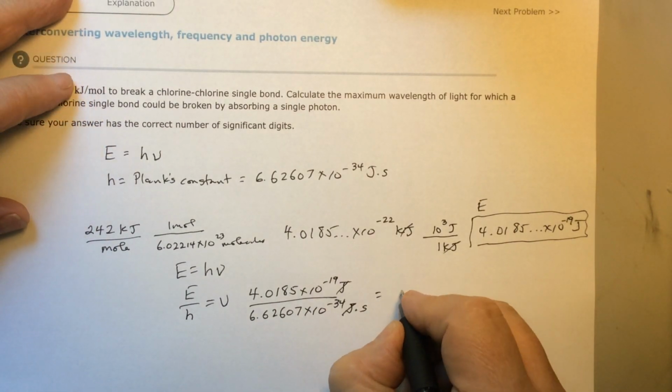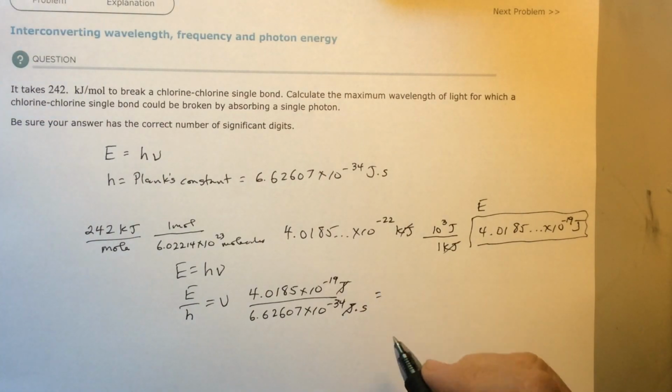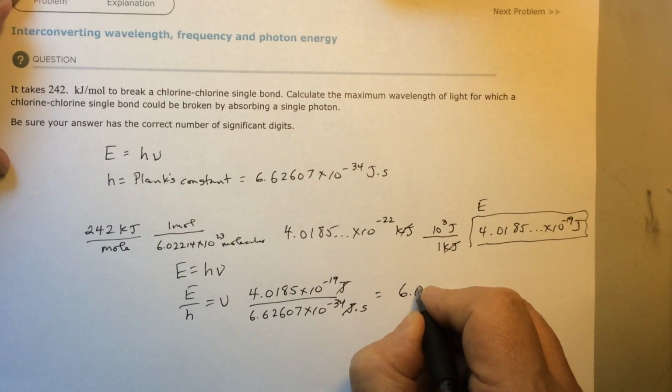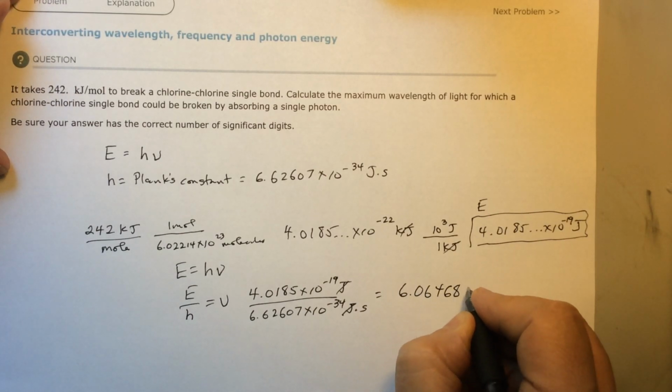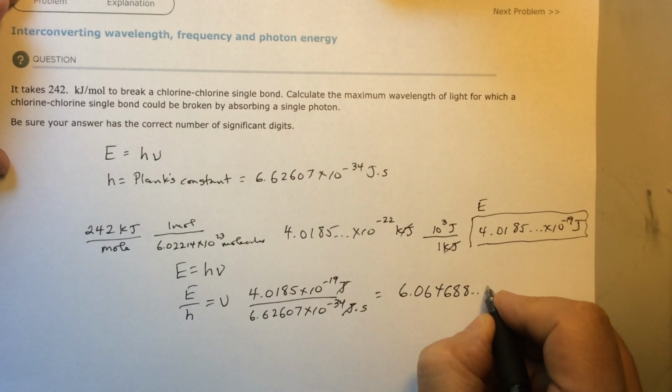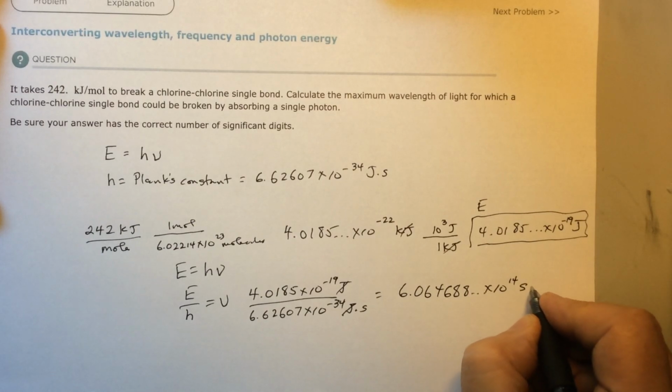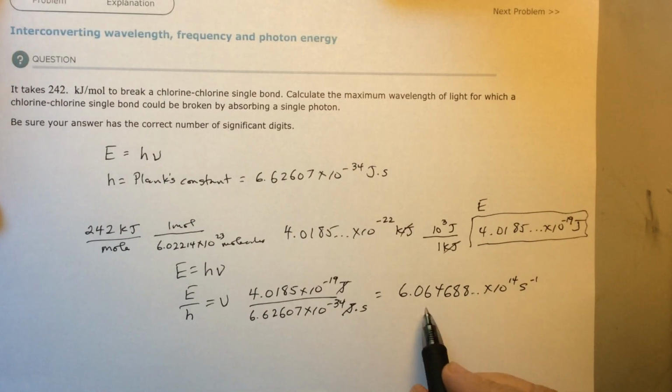My answer is going to be in hertz, which is something unitless divided by seconds, cycles per second. So I divide by 6.62607 times 10 to the negative 34. It gives me 6.064688 whatever times 10 to the 14 cycles per second. So this is v.